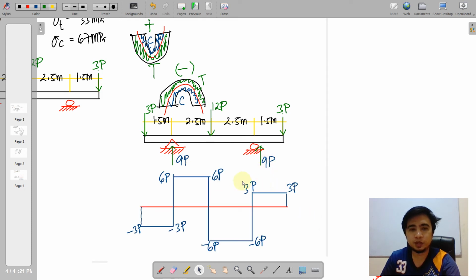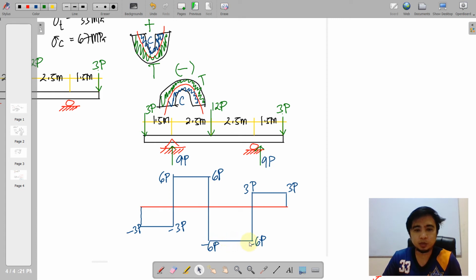And out of this, your shear diagram is established. So from the leftmost portion, we have 3P going downwards. So it will go down by 3P units, and it will stay until 9P will push it upwards, becomes 6P, and then no loading until this 12P will push it downwards by 12 units of P. So it will have a negative 6P.